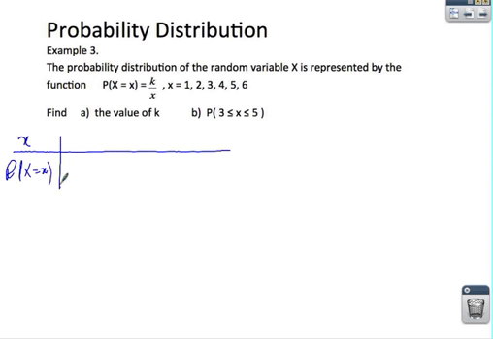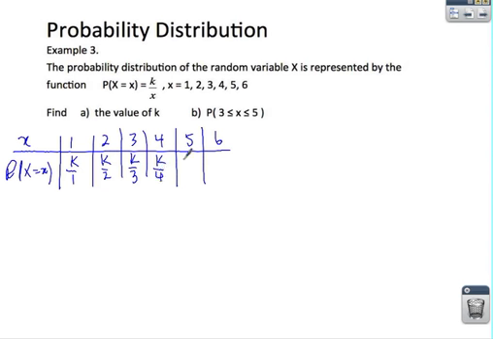Again, our outcomes are the numbers 1, 2, 3, 4, 5, and 6, and the different probabilities would be k over 1, k over 2, k over 3, k over 4, k over 5, and k over 6.